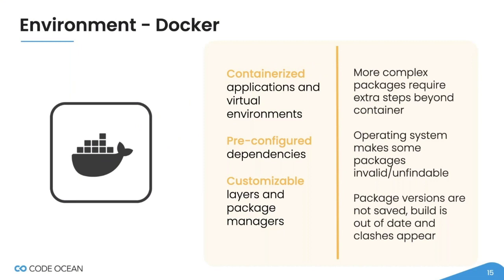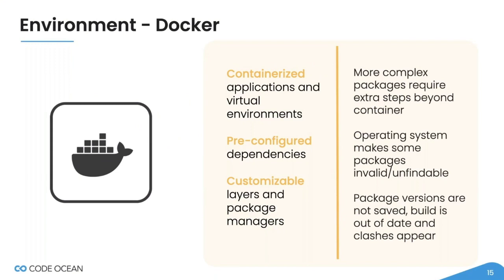When it comes to using operating systems, sometimes installed packages will install further utility packages in the background depending on your operating system. And it can make some packages invalid or unfindable when the Docker container is transferred. For example, if a Docker container is built in Mac OS, it might install some additional packages that are only relevant to Mac OS and are unfindable on Linux.